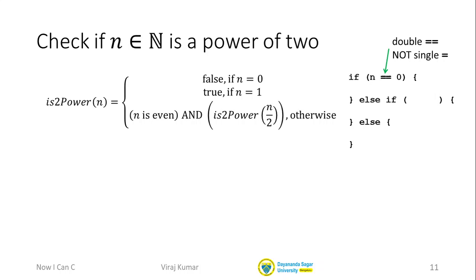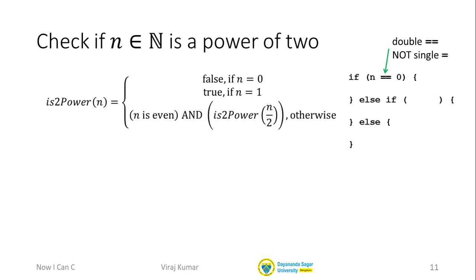And this is actually one of the dangerous features of C, which many students find challenging and they make mistakes on. So it's very important for you to remember that if you are comparing two values and checking if they're equal or not, you have to use double equal to, not single equal to.